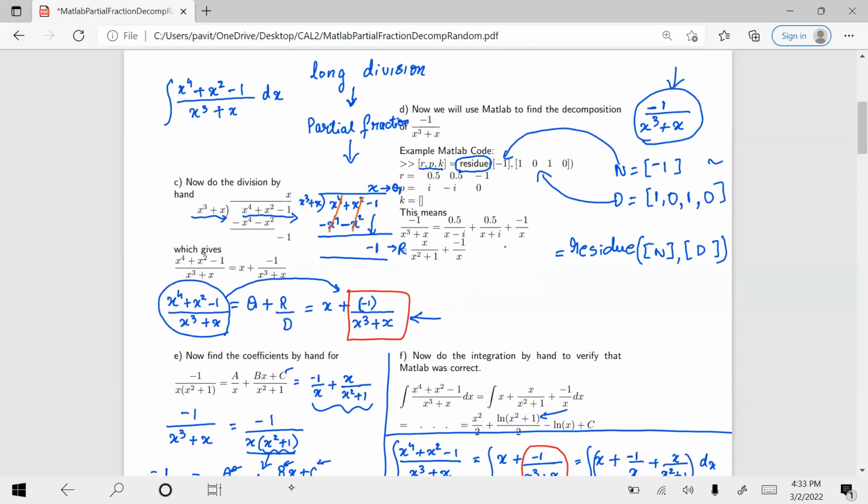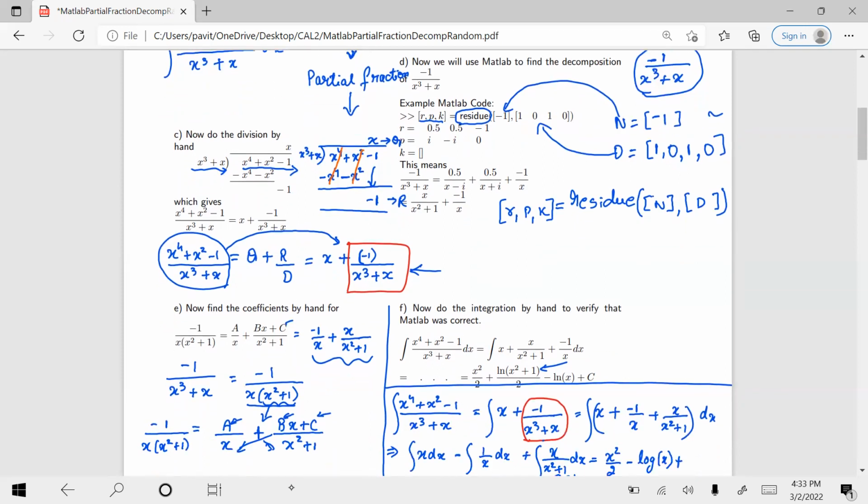And what should I expect from this function? I will expect three constants R, P, and K. Understood? So this is how you perform partial fractions in MATLAB. Make sure that you enter the right coefficients here.